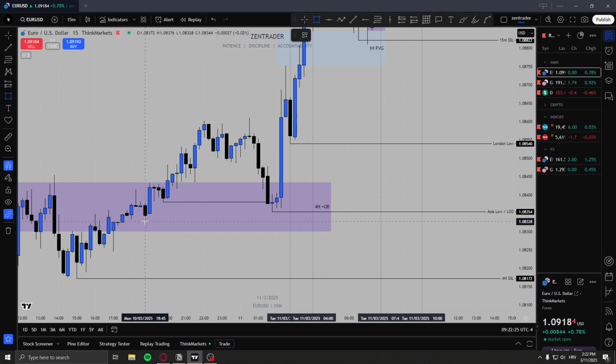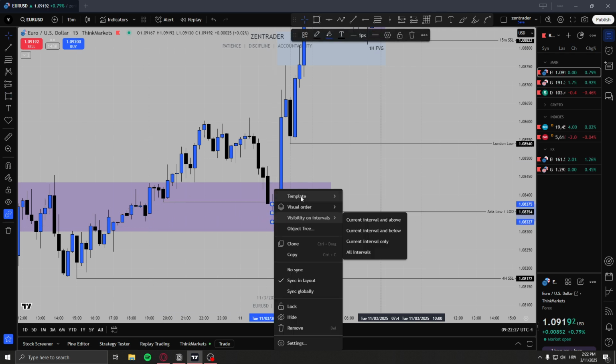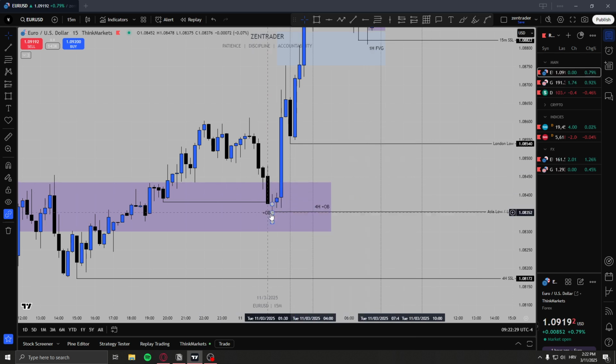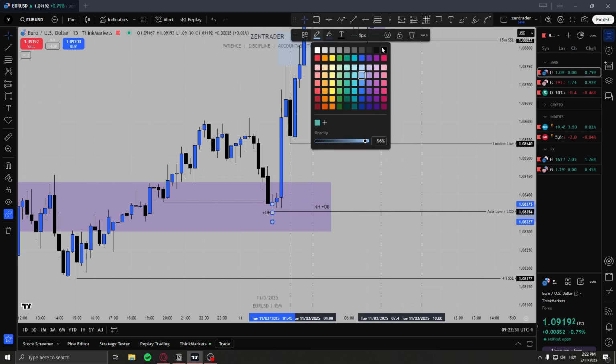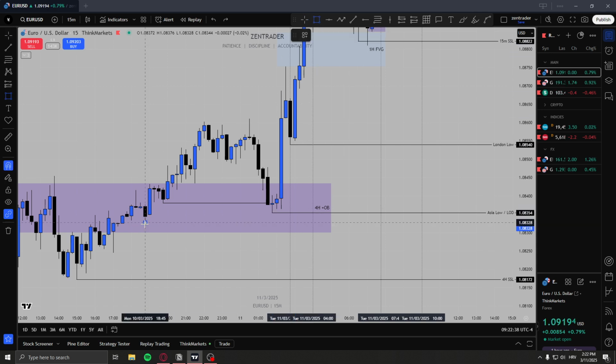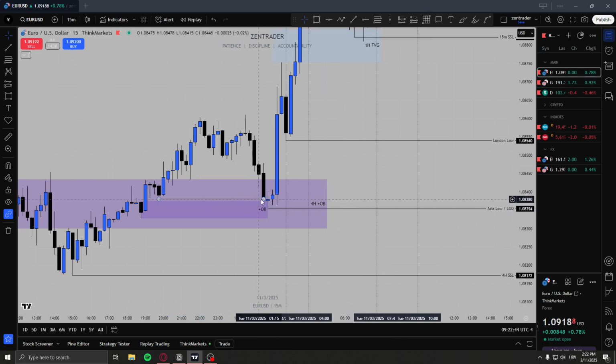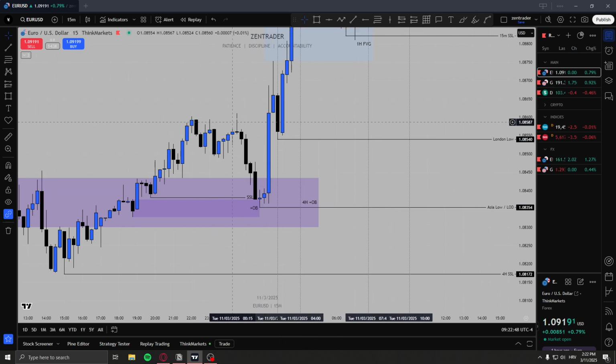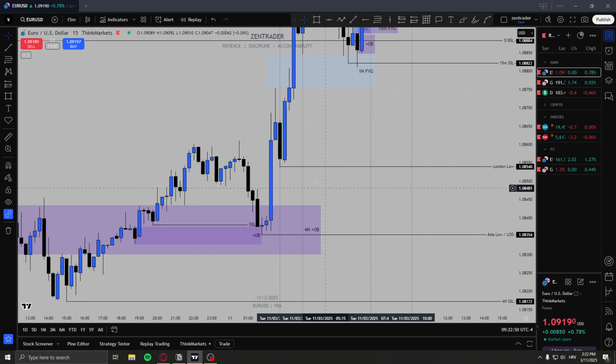If we want to refine it a bit, this is a 15-minute order block right here. Okay, so this was actually a 50-minute order block right there. And this was a sell-side liquidity pool. We push lower, we sweep that. What are we looking for next?